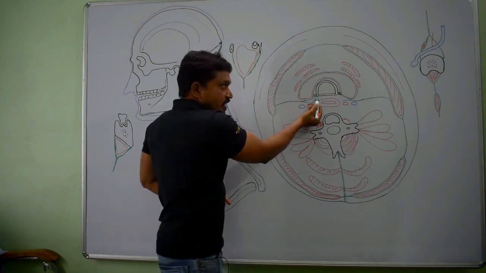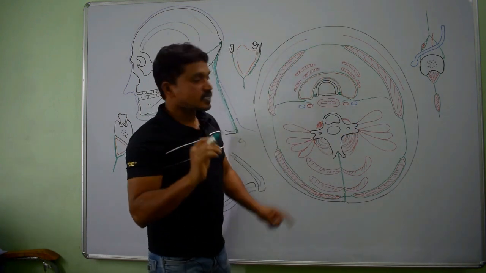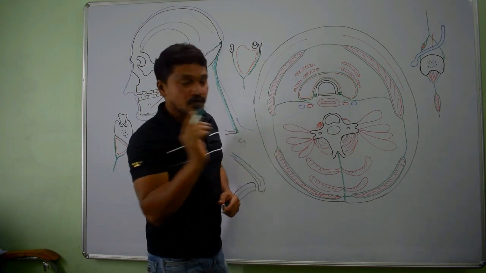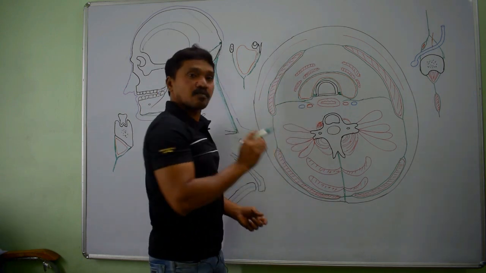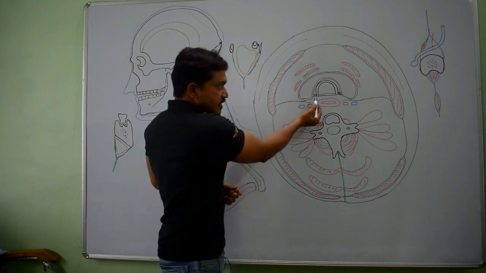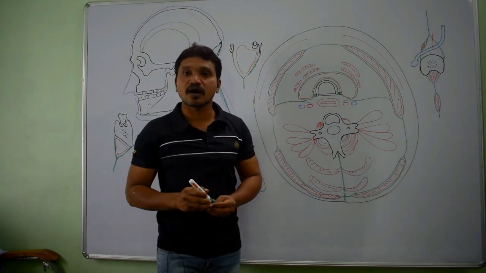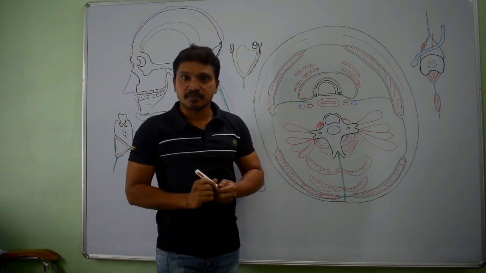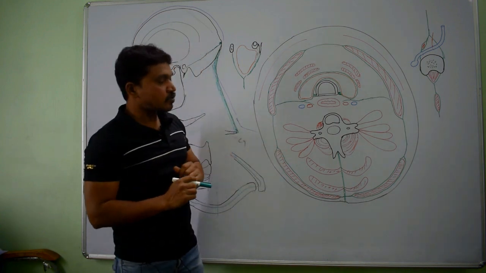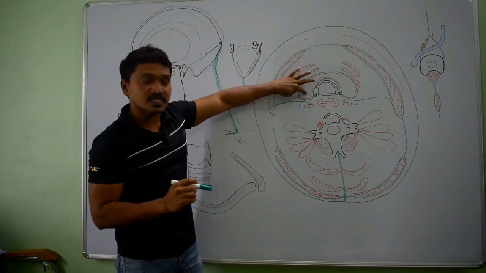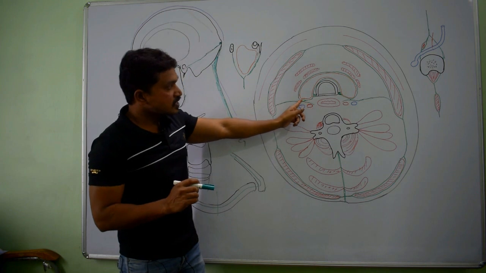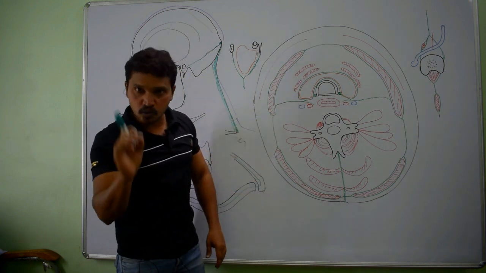Then cricoid cartilage and the medial surface of the lobe of thyroid gland will be connected by thickening of pre-tracheal layer. This thickening of pre-tracheal layer we call ligament of Berry, right? And one more thing you have to discuss here, the layer which is covering the posterior surface of the thyroid gland is very loose.